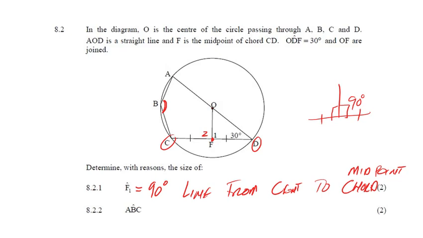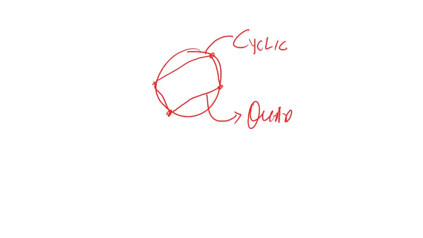Mpo is ready, you see? So the angles of a cyclic quad add up to 360, all of them, in total. So guys, remember this as a cycle.